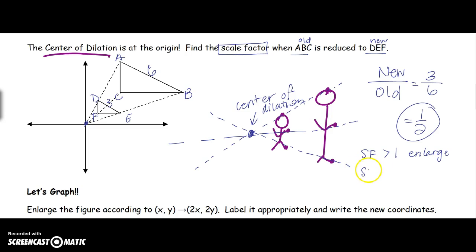If it is less than 1, like 1/2, it is going to get smaller or reduce. So here we reduced ABC down to DEF with a scale factor of 1/2, which means that if we were to write our coordinate notation, it would say (1/2 x, 1/2 y).